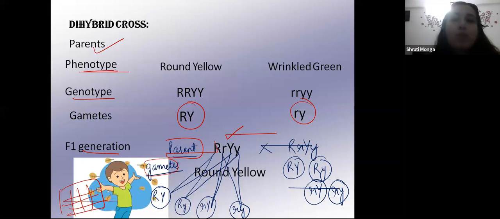Please do not see the F2 generation of the dihybrid cross from anywhere else. Do it on your own. Consider it as your self-assessment.